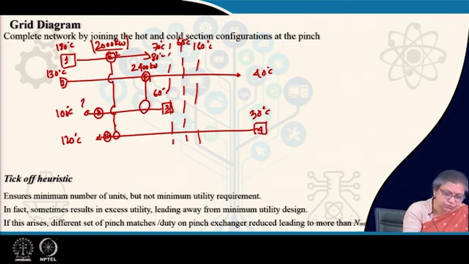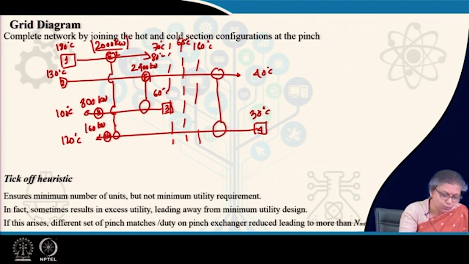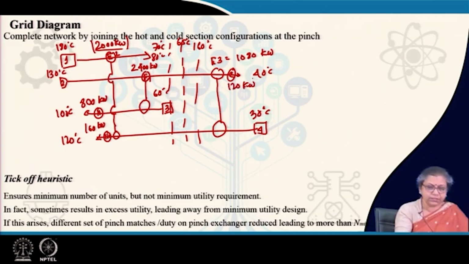So they are going to take 800 kilowatts, 160 kilowatts, and then in this particular case there will be one other heat exchanger which is E3, and this will be taking up 1080 kilowatts, and there will be one particular cooler here which will be taking up 120 kilowatts.